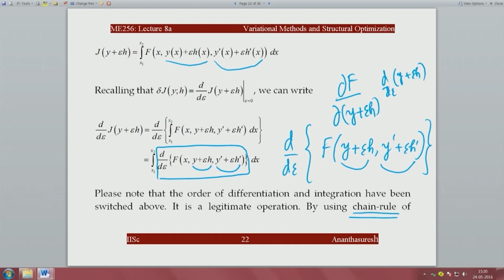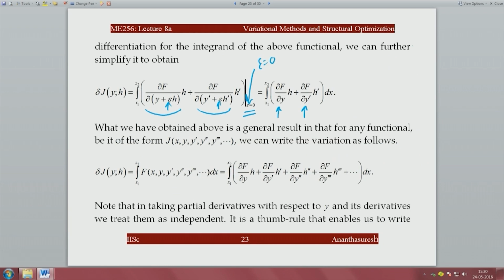What will this be with respect to epsilon? That simply will be h. That is why here we have h. Likewise, this would be the derivative of f with respect to this and then the derivative of this quantity, which will give us h prime.